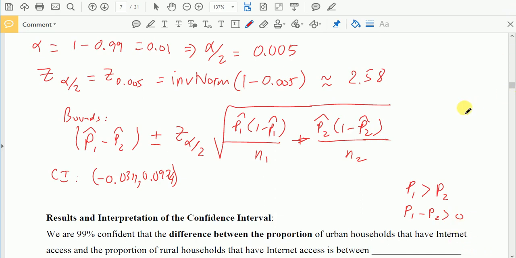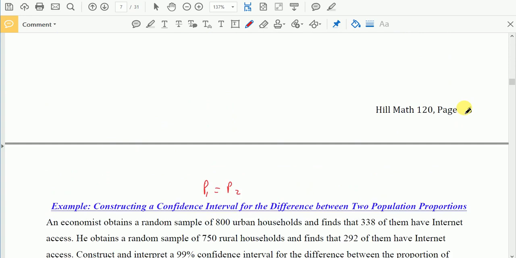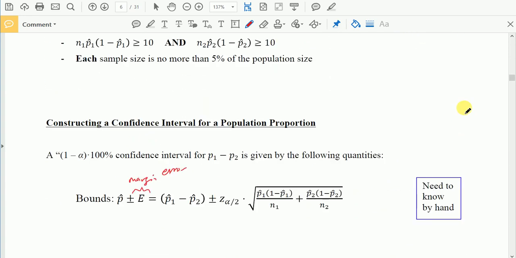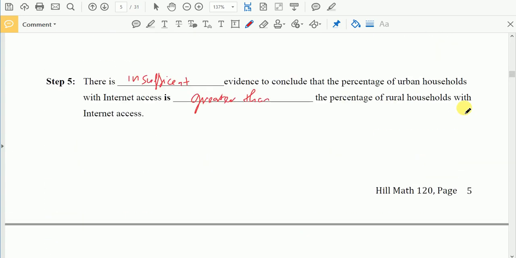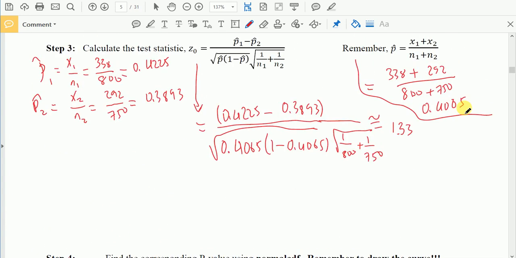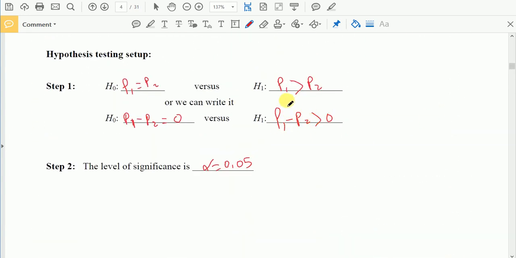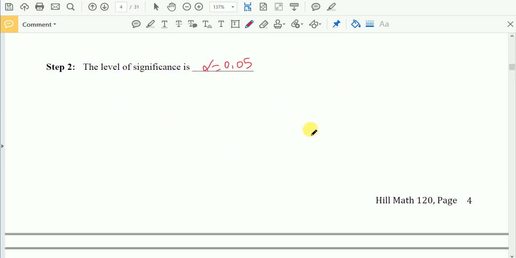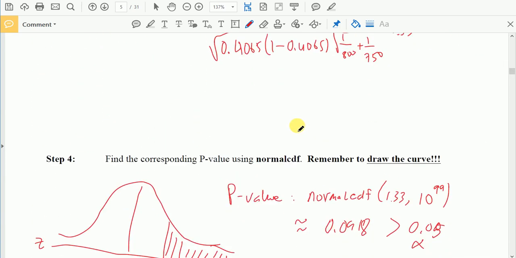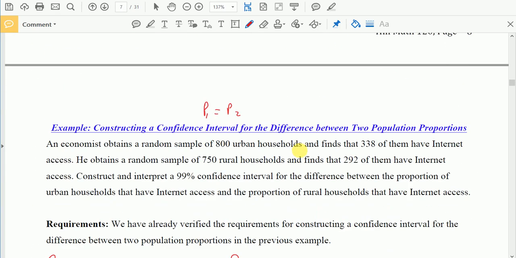From the last example, go back there. So we claim here, right here. So you can write this, and you can move the P2 to the left side and make sure P1 minus P2 is bigger than 0. So that's the key point here. Let's move down to this one.